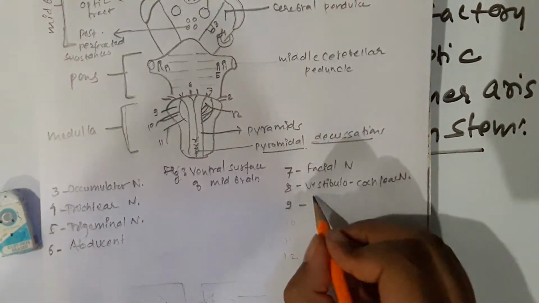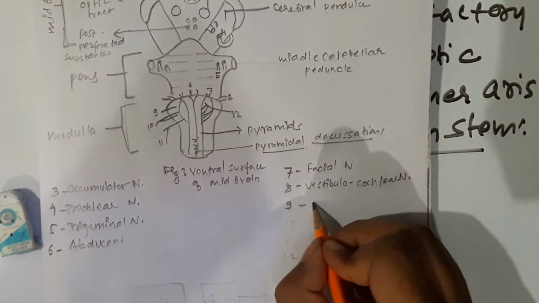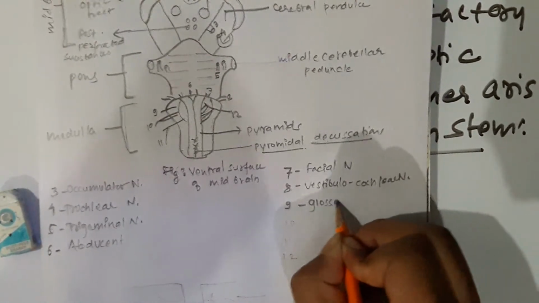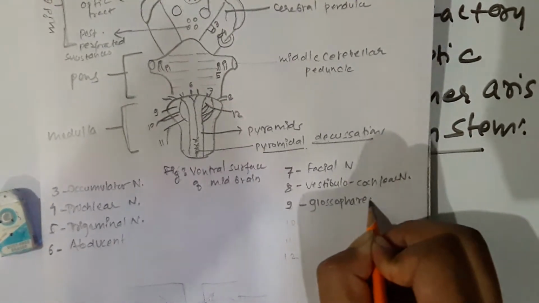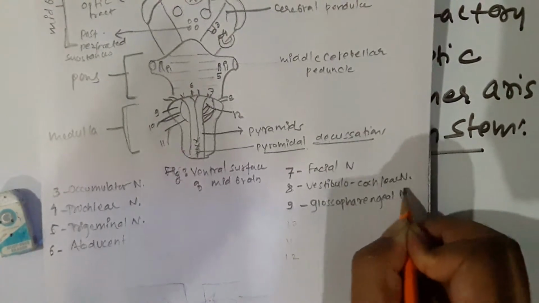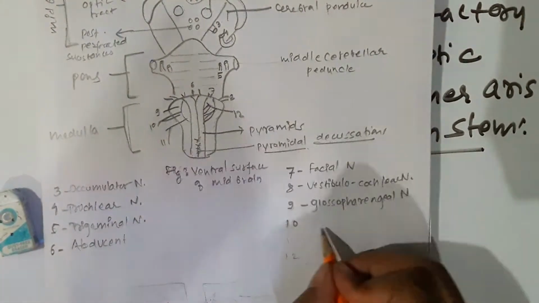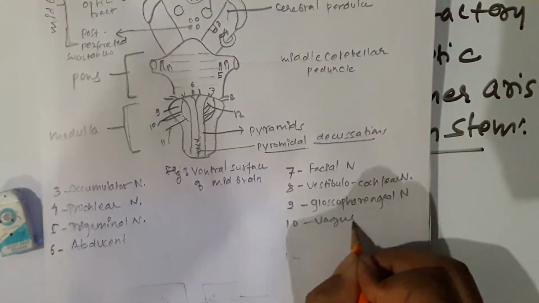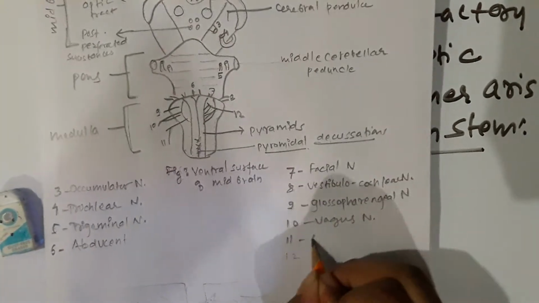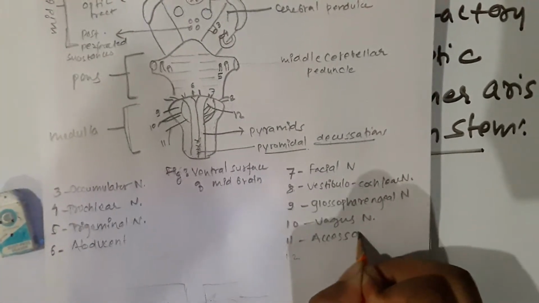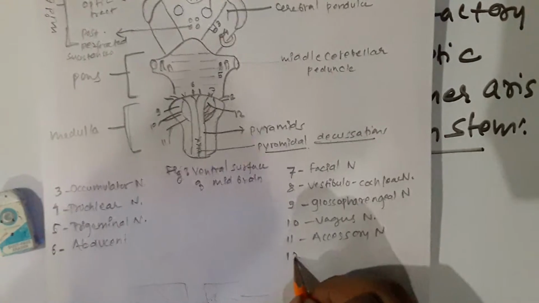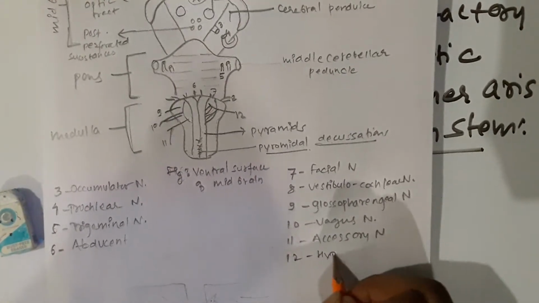9 will be the glossopharyngeal nerve. 10 is the vagus nerve. 11 is the accessory nerve, and 12 is the hypoglossal nerve.